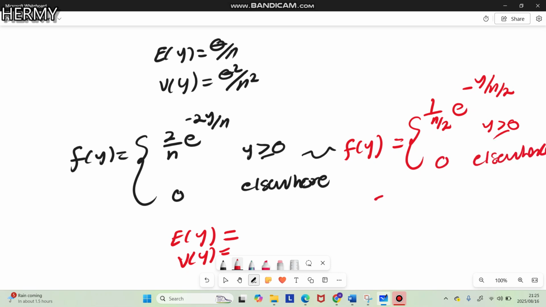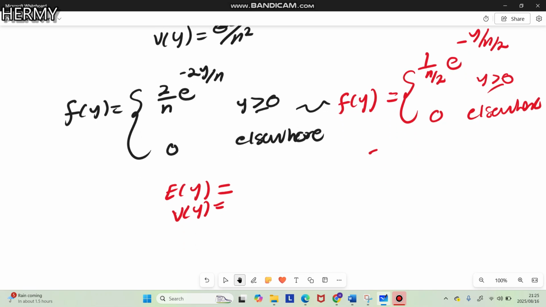This is how it is. Then the expected value of that guy can be n over 2. The expected value is n over 2. Then what about the variance? It's n squared over 4, because it's just the square of the expected value.